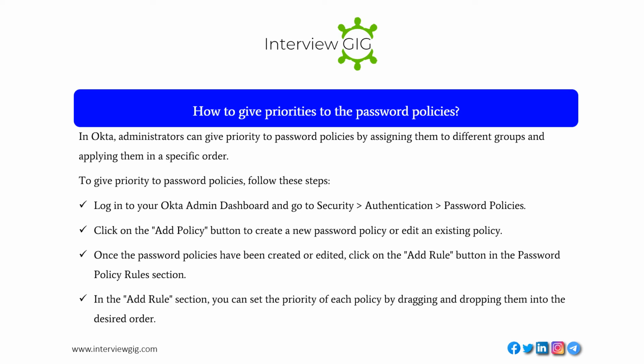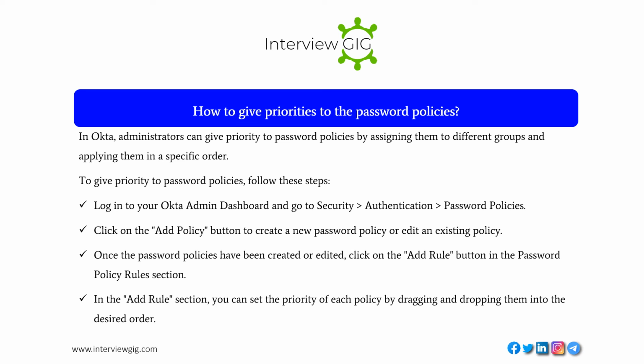In Okta, administrators can give priority to password policies by assigning them to different groups and applying them in a specific order. To give priority to password policies, follow these steps. Log into your Okta admin dashboard and go to Security, Authentication, Password Policies. Click on the Add Policy button to create a new password policy or edit an existing policy.